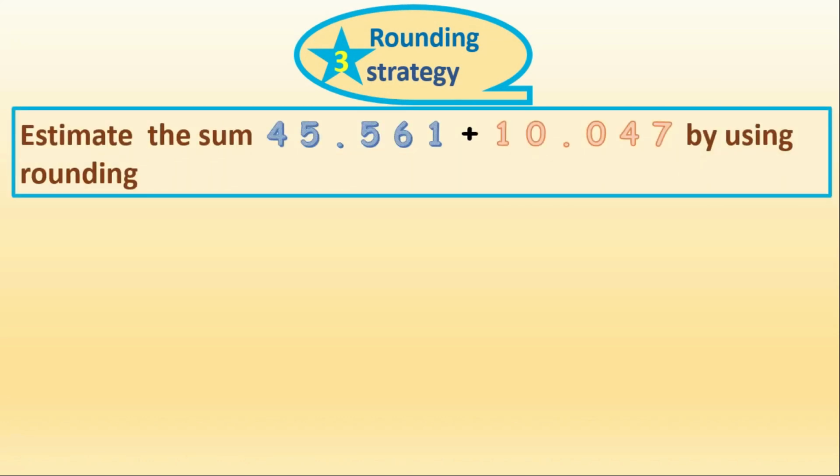Okay, now let's show how to estimate the sum using the rounding strategy. For example, estimate the sum 45 and 561 thousandths plus 10 and 47 thousandths using rounding. Number 1, to the nearest tens. So we're going to round more than one place value.